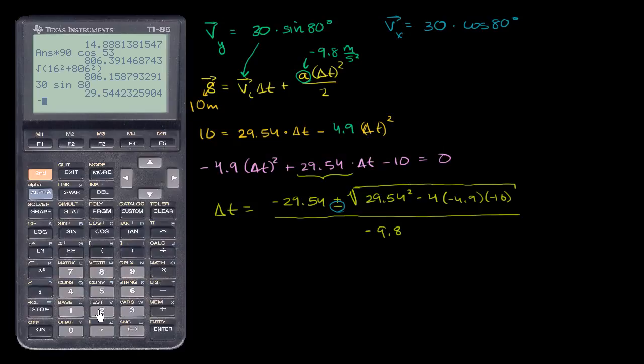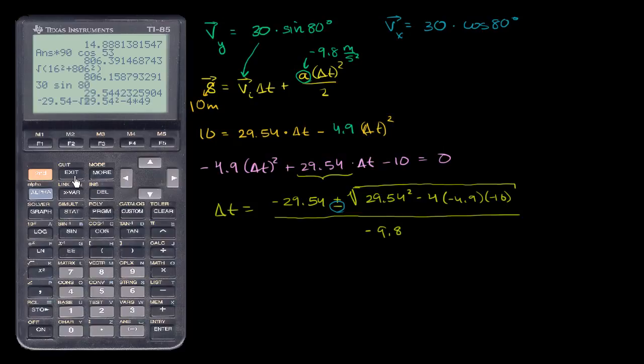So we have negative 29.54 minus the square root of 29.54 squared, minus 4 times negative 4.9 times negative 10. When you take their product, it is positive 49. And I should add parentheses over there.